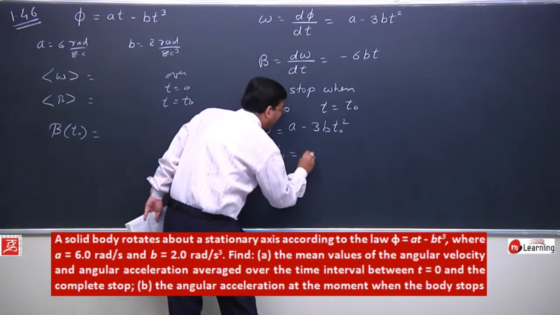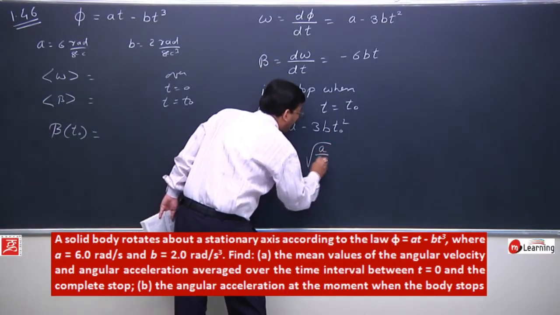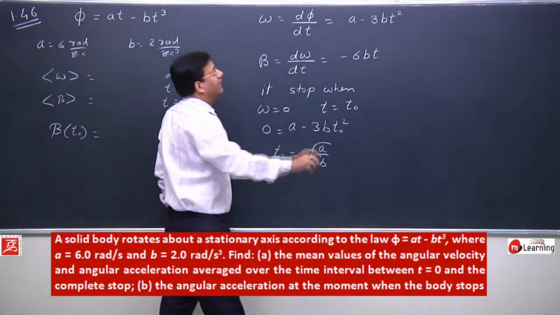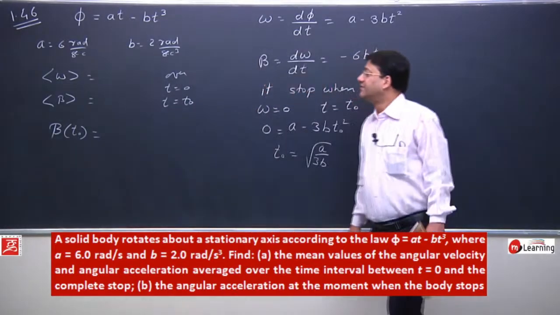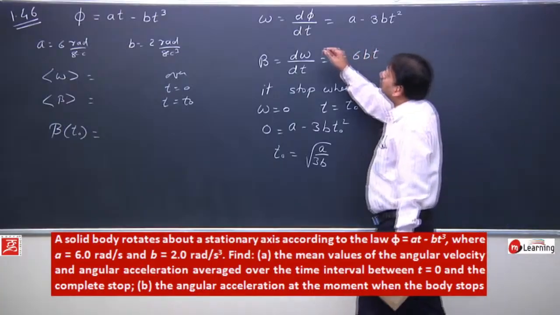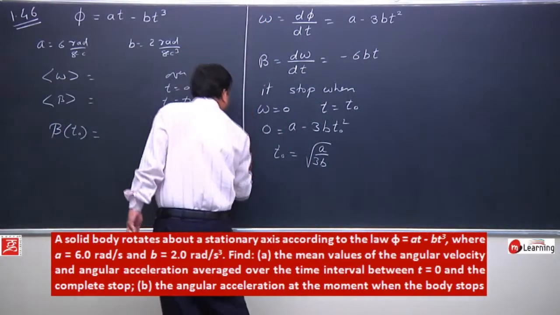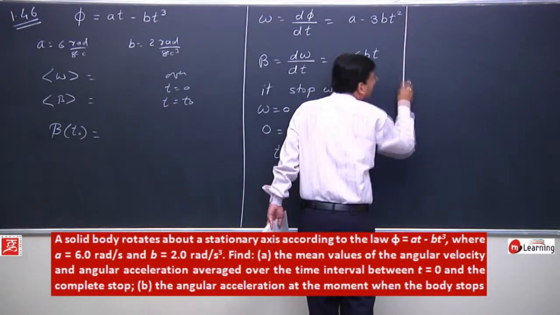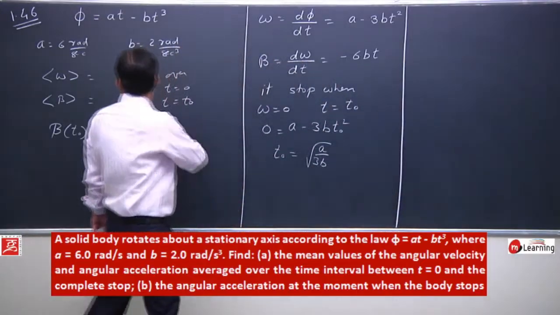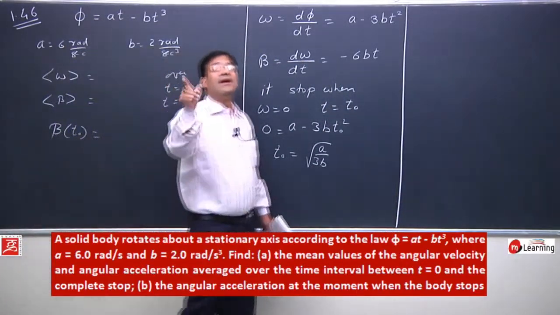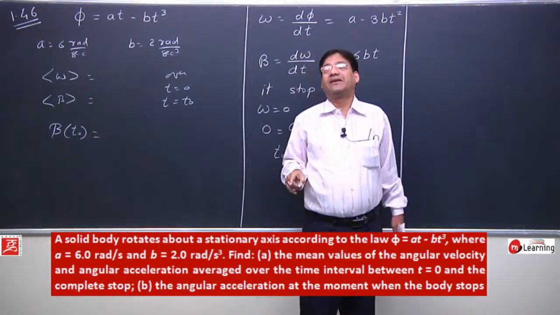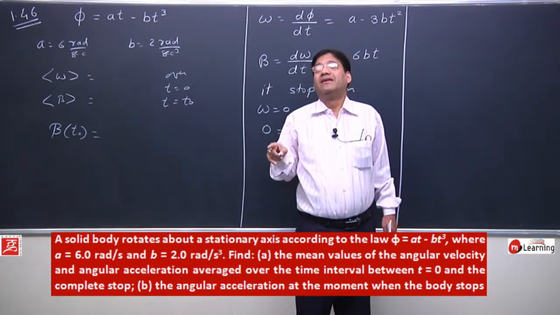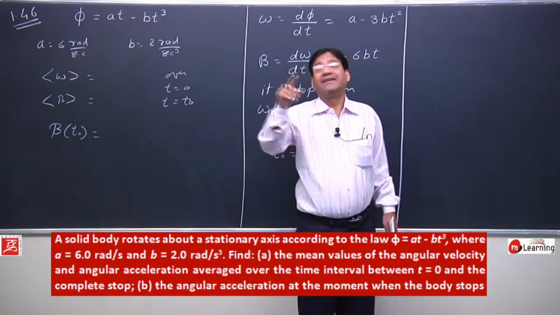So t naught is under root of a by 3b. It stops at this time. Then asked is the average angular velocity of the particle over the time from 0 till it stops.